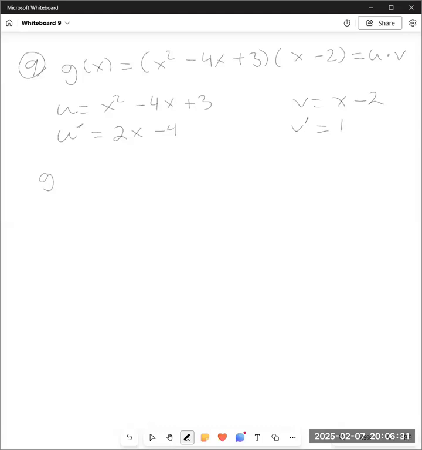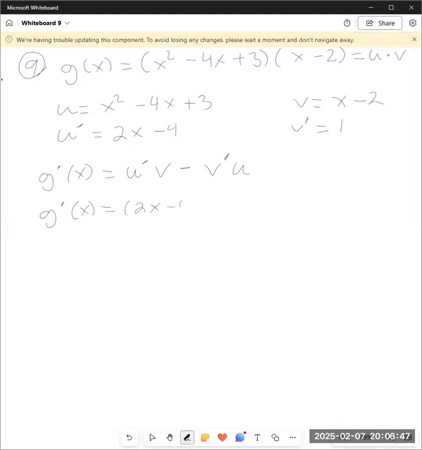So g prime of x is equal to u prime v minus v prime u. g prime of x is equal to 2x minus 4 times x minus 2.